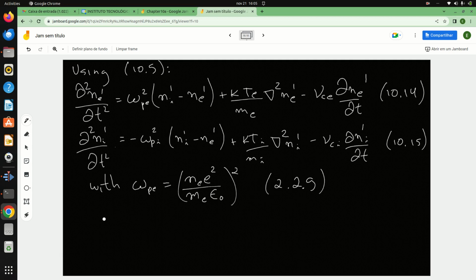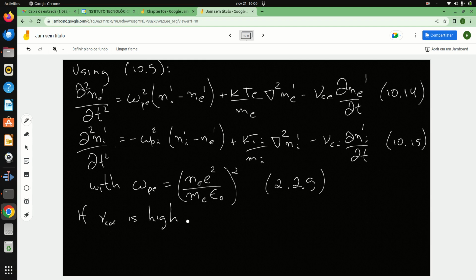Okay. If we have many collisions with neutral particles, then the second derivative with time can be dropped. So if nu CE is high, then you can divide all terms by nu CE, and then here we'll have 1 over nu CE times this, which will be a very small term.